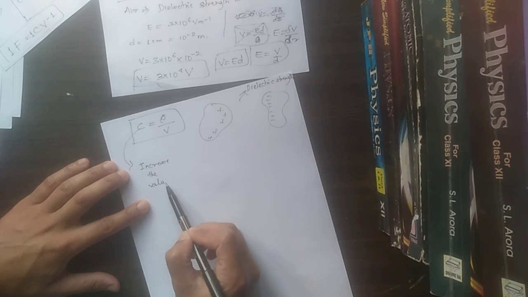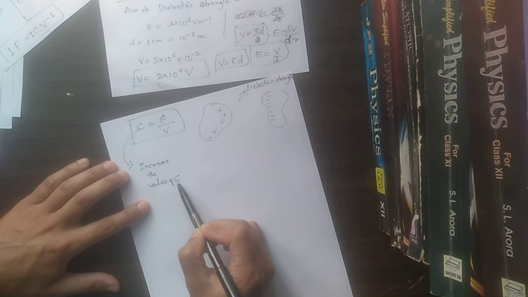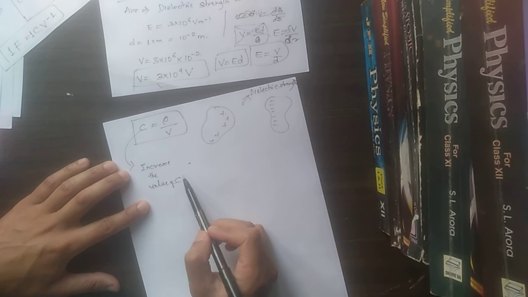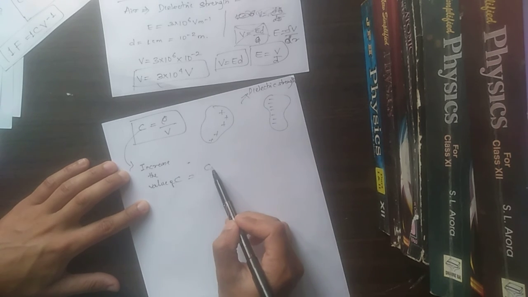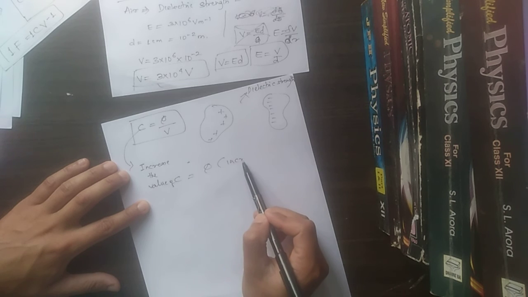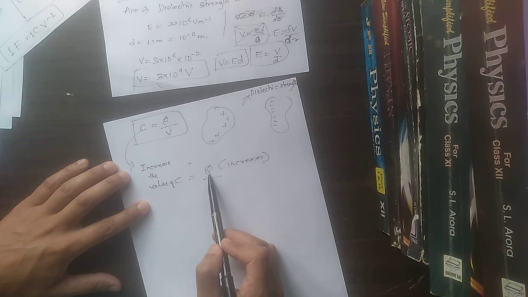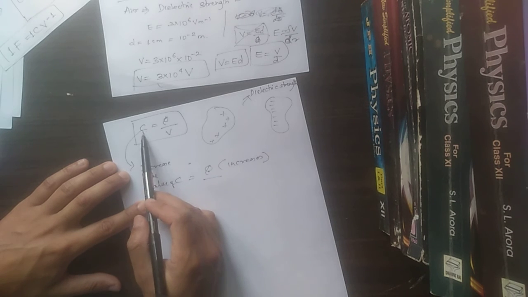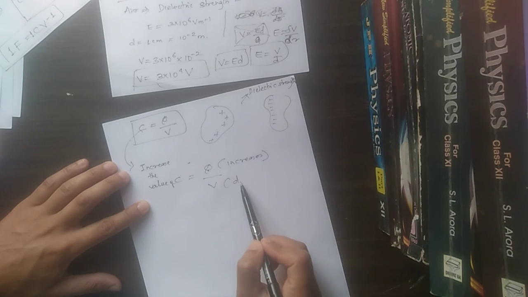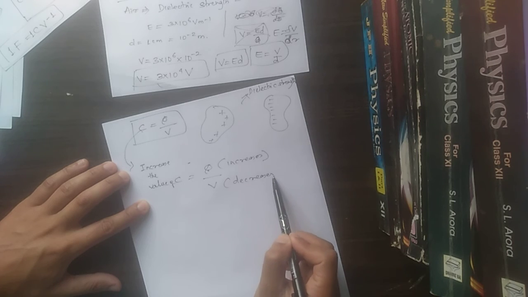So when you increase the value of C, then what will happen? Q increases. Since the value of C is more, your V decreases. Your V will be small.